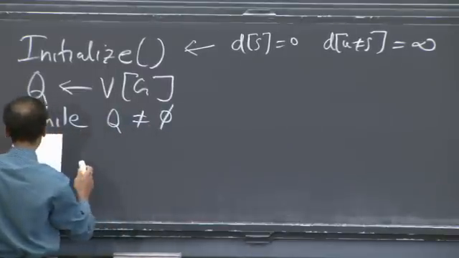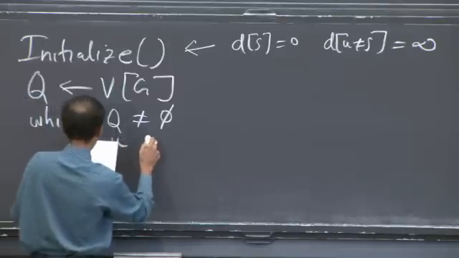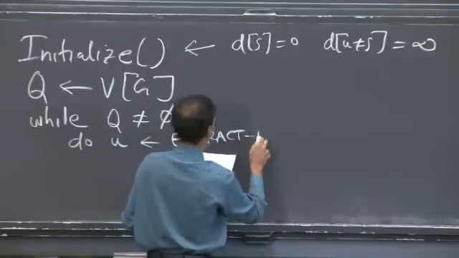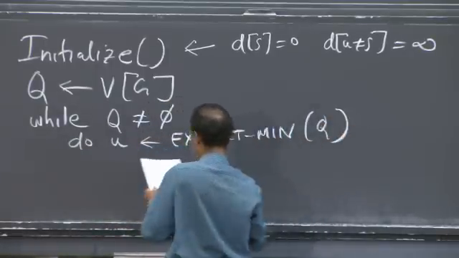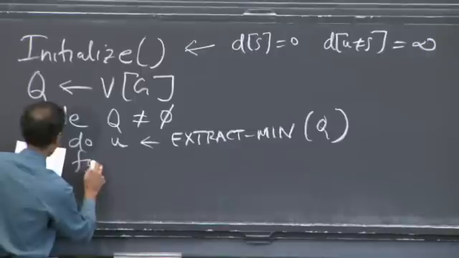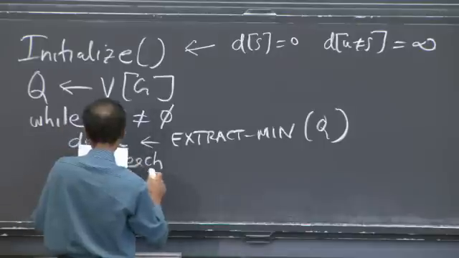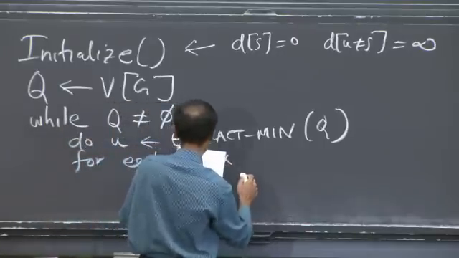And we have this set Q that we're going to process and continually extract the minimum priority from Q. And once we do that, we actually know the shortest path to U already. That's what the Dijkstra invariant is.